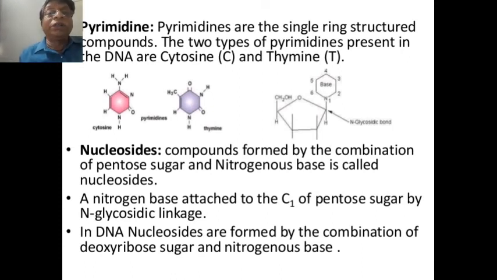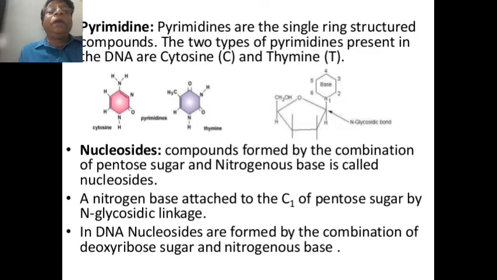Now we shall study the pyrimidine. Pyrimidines are the single ring structural compounds. Single ring means only the benzene ring is present.